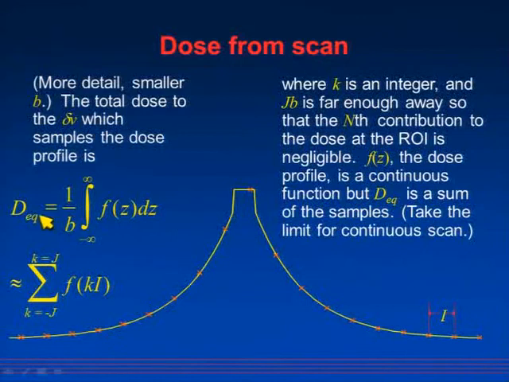So approximately this DEQ is related to the integral of the dose profile divided by the table movement per rotation B. Because it's done in jumps in our axial scan, it's a sum, but they're pretty darn close.